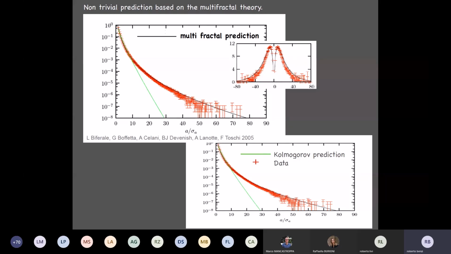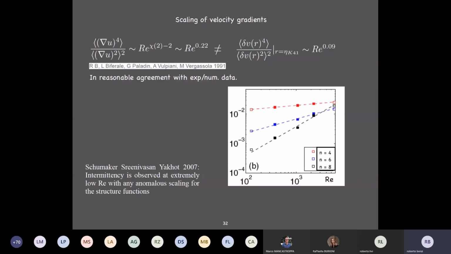And then the second thing, which has also been done, concerned the prediction, which was actually made before, but in historical view, the prediction about how the velocity gradients depend on the Reynolds number. And what you are able to show is that this prediction is in very good agreement with the numerical and experimental data.